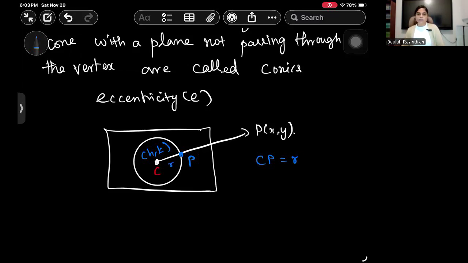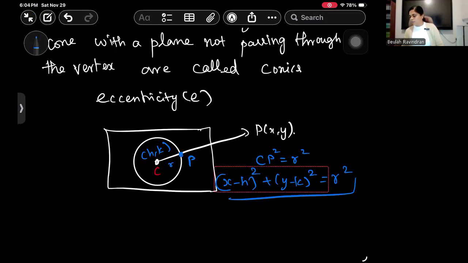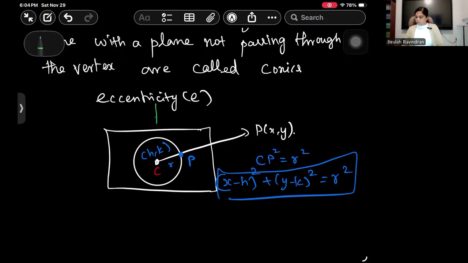What distance formula can you use? If you square it, then it will be x minus h the whole square plus y minus k the whole square is equal to r square. This is the distance formula. If the center coincides with the origin of the x and y axes, then h comma k is 0 comma 0.